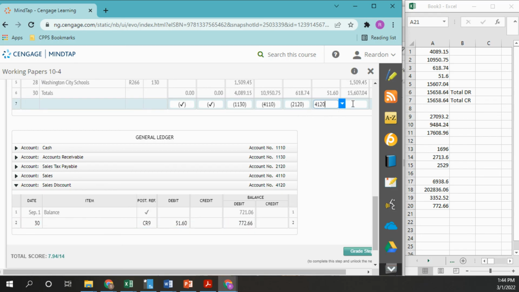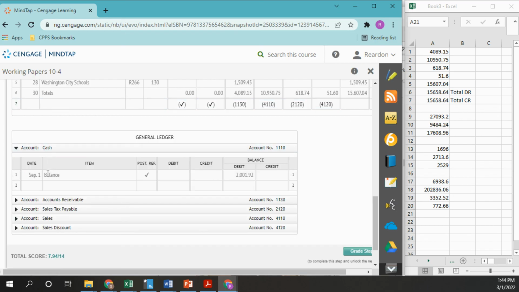4120. And then finally, cash, CR9, debit of 15,607.04. Previous balance 2,192 plus 15,607.04 is 17,608.96, and 1110.